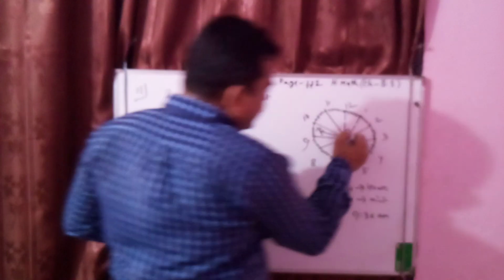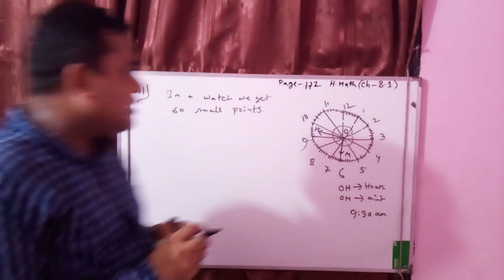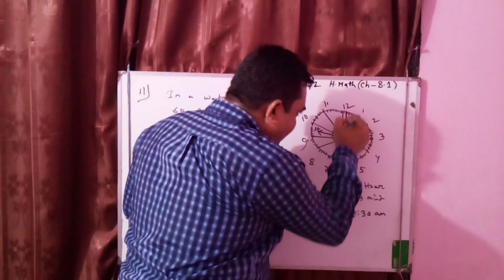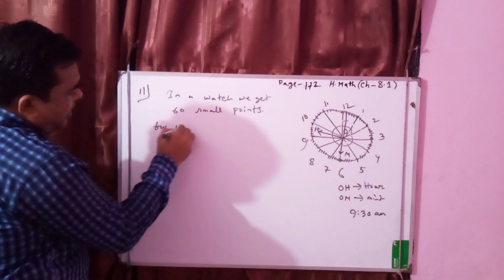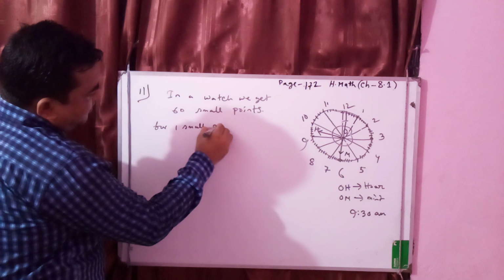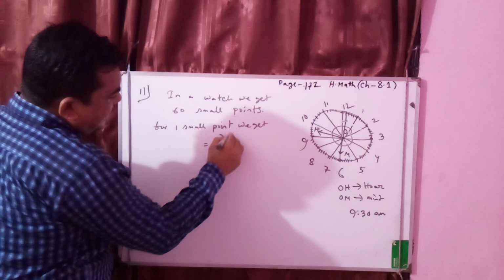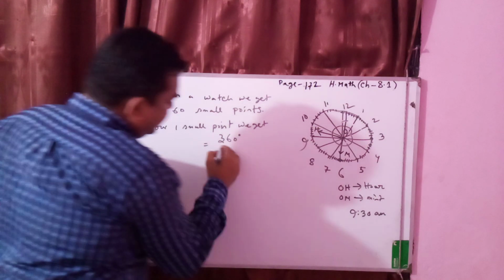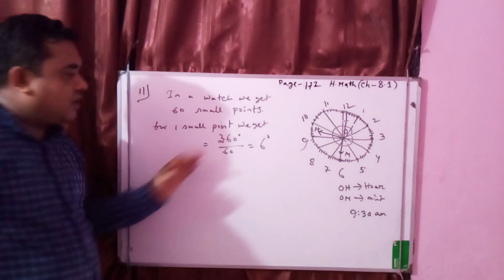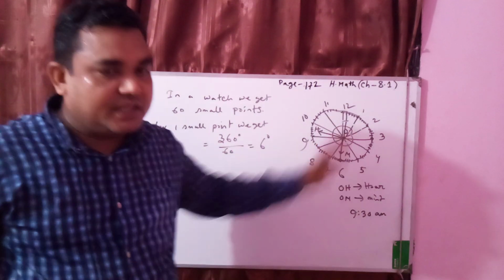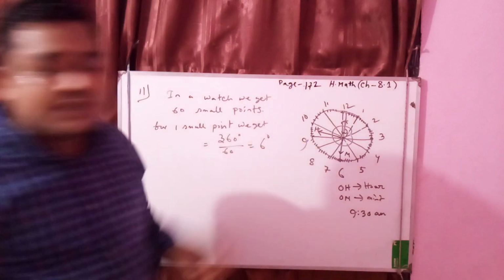If we consider this a circle, it produces 360 degree angle. For one small point we get 360 degree divided by 60, so one small point produces an angle of 6 degree.